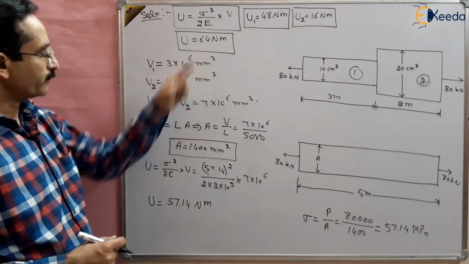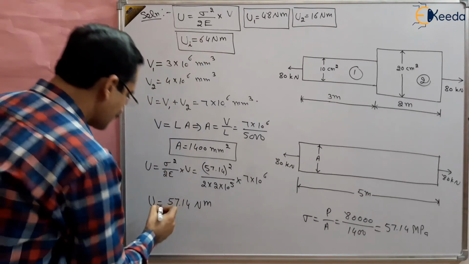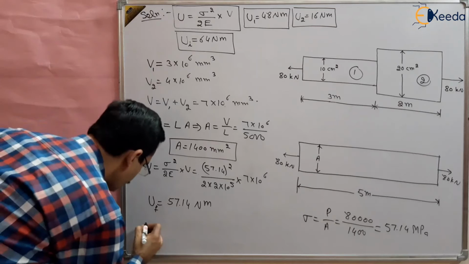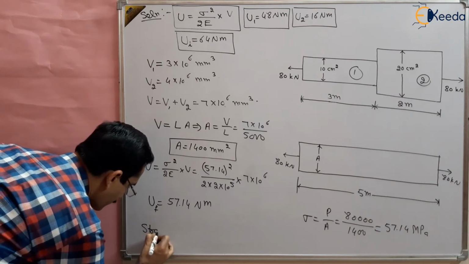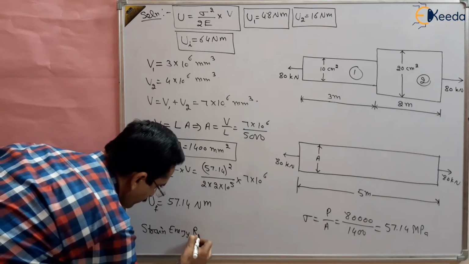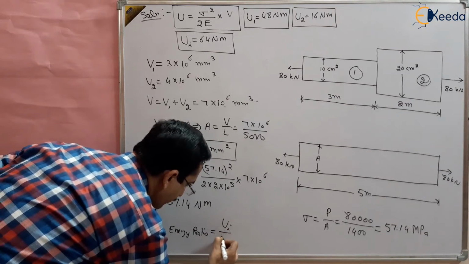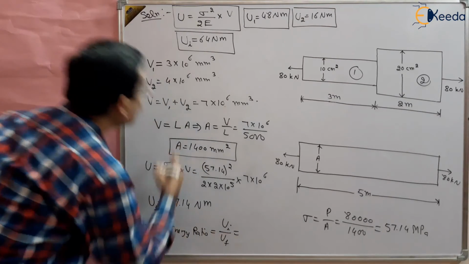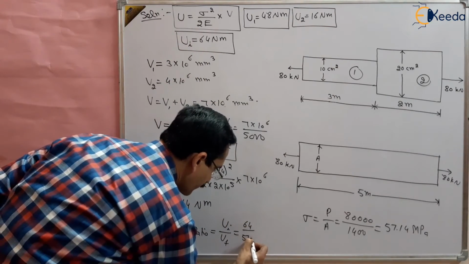So what is the ratio of strain energy? This was the initial strain energy, this is the final strain energy. So the strain energy ratio of both the cases, initial divided by final, will be equal to 64 by 57.14.